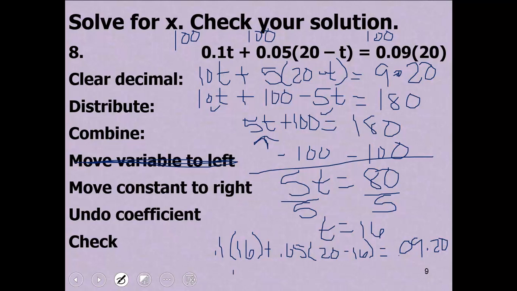Then I get 0.16 plus 0.5 times 4 equals 0.2. And then I get 0.09 times 20 is equal to 1.8.